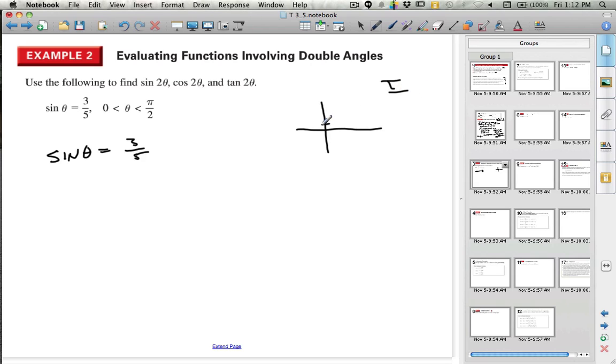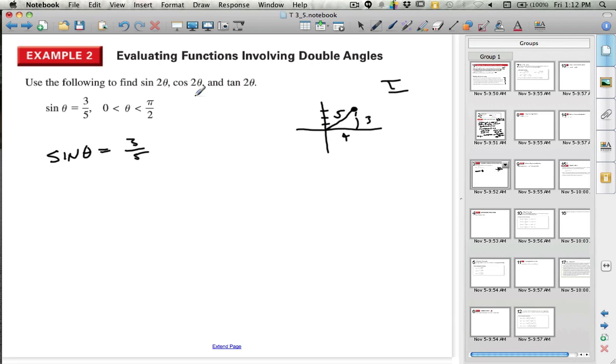I know my y-coordinate is 3, and my hypotenuse is going to be 5, and that means that my x-coordinate must be 4, because this is a 3, 4, 5 right triangle. I might have used the Pythagorean theorem to come up with 4, but that wasn't really necessary.